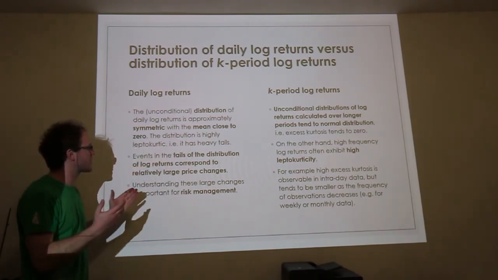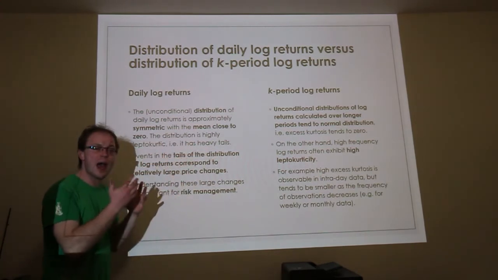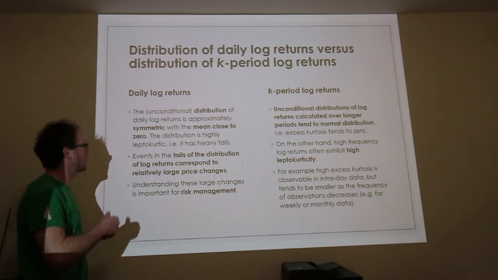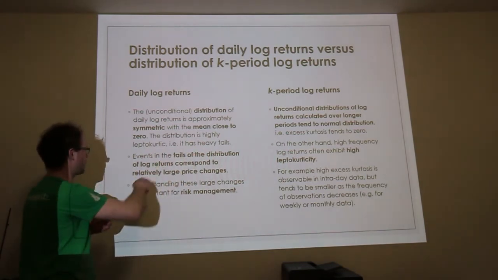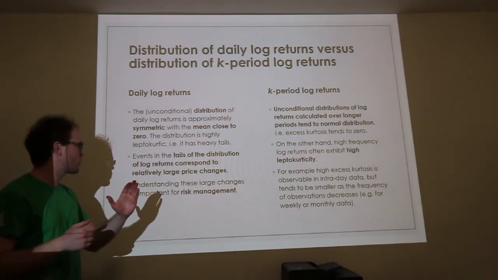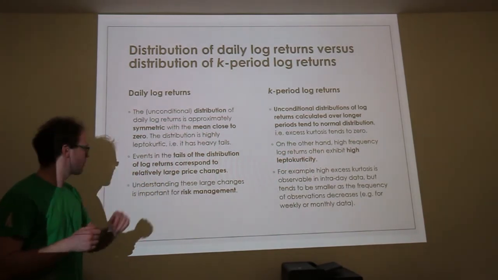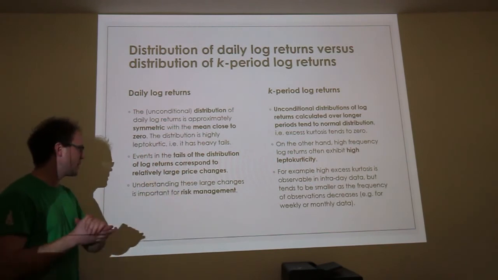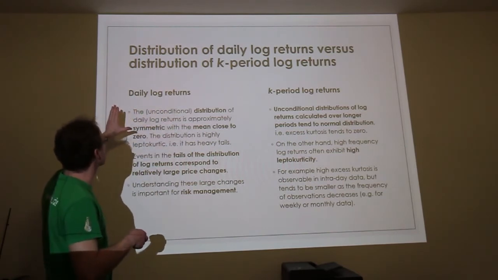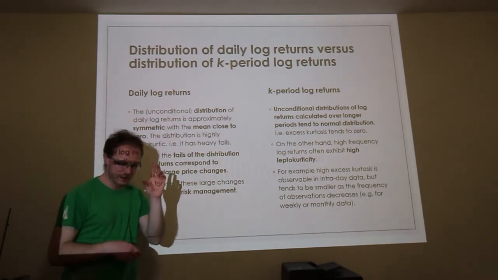It means it has heavy tails. Events in the tails of the distribution of log returns correspond to relatively large price changes. Understanding these large changes is important for risk management. So this is the case of daily log returns.